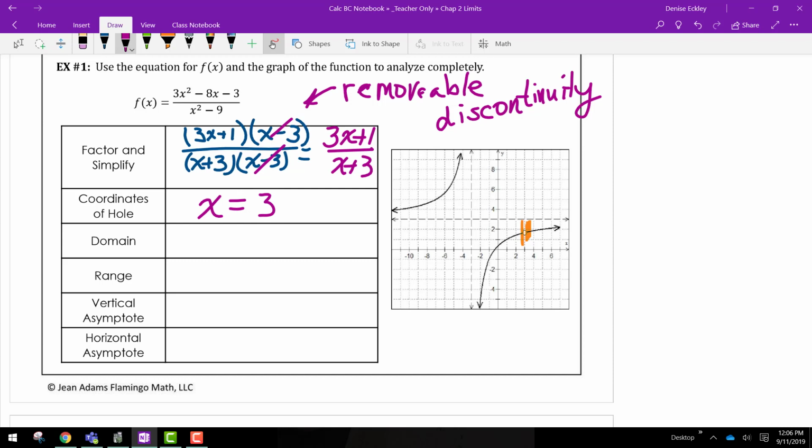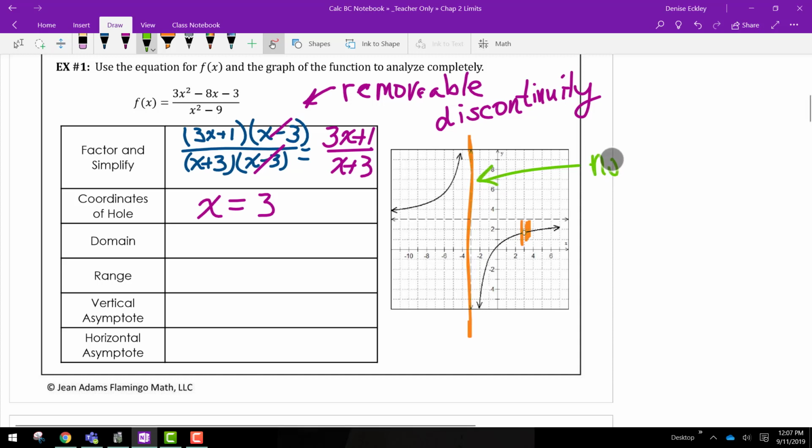Now the domain and the range. Before I write those, I want to talk about the asymptotes a little bit because they will affect the domain and range. So you can see we have one vertical asymptote. That point of x is a non-removable discontinuity.